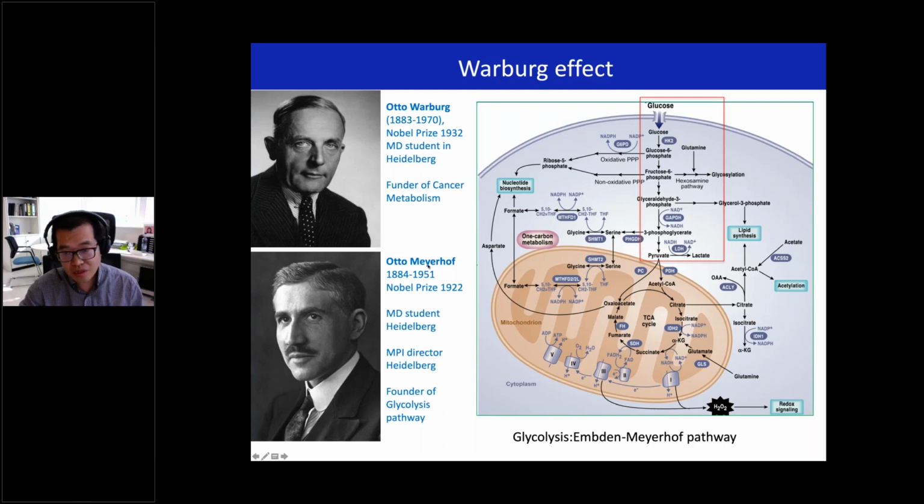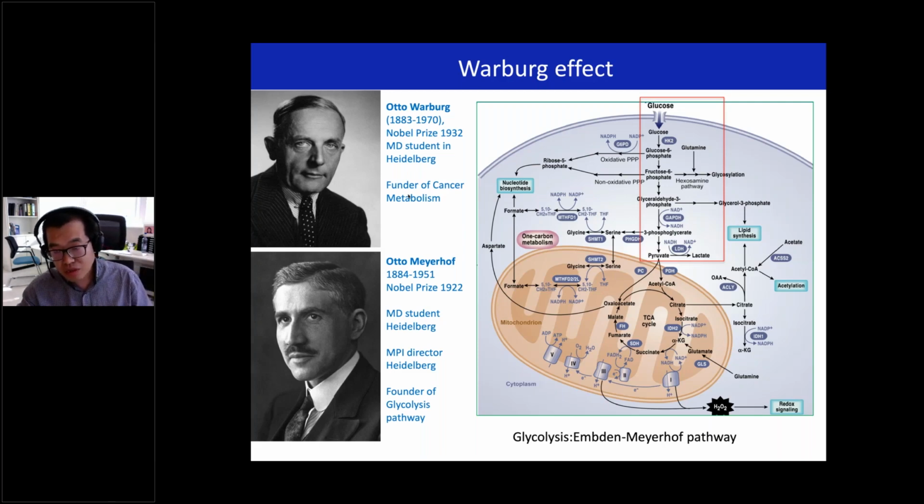That was mostly defined by his friend Otto Meyerhof in Heidelberg at the time, in the Max Planck Institute. This glycolysis pathway was also called the Embden-Meyerhof pathway because he identified most of the essential regulators in the pathway. His interest in metabolism was basically initiated by Otto Warburg when they met in Heidelberg.